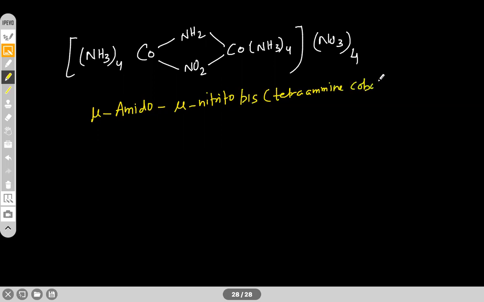What is the oxidation state? What is the charge? 3. Nitrate. Tell me the charge here. NO3 minus, so 4 minus, so 4 plus on this, right? Minus 1, minus 1. So plus 6 divided by 2. Plus 3 we will have.